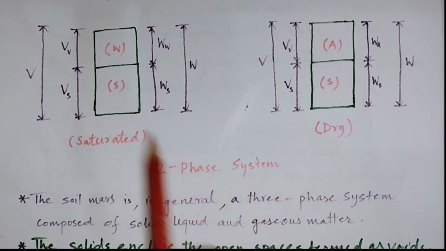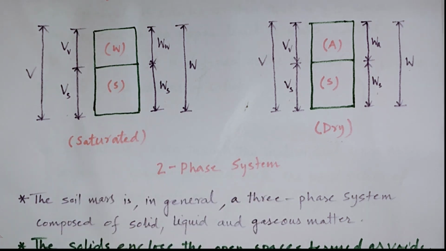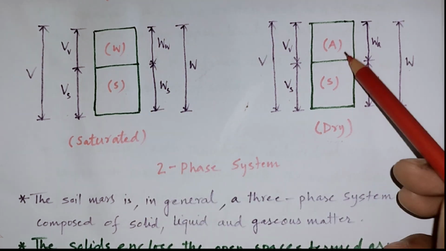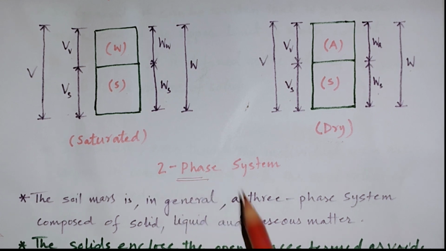In the previous case there were three phases, air, water and solid, but here there are only two phases, either water and solid or air and solid. So this is called a two phase system. So soil may be either a three phase system or a two phase system.